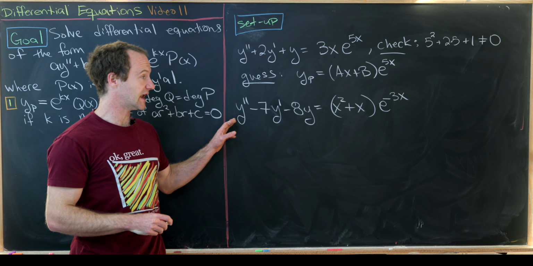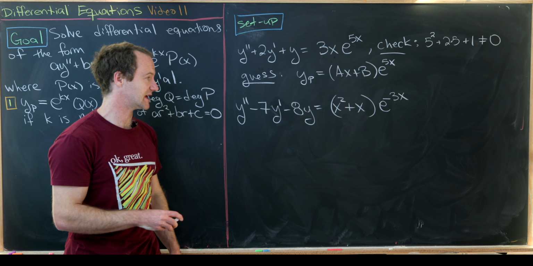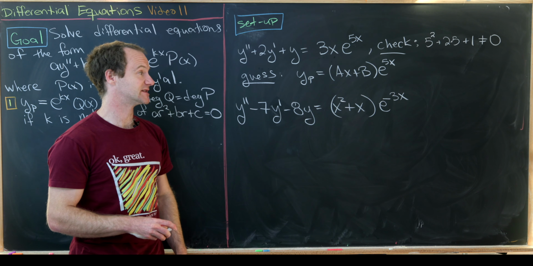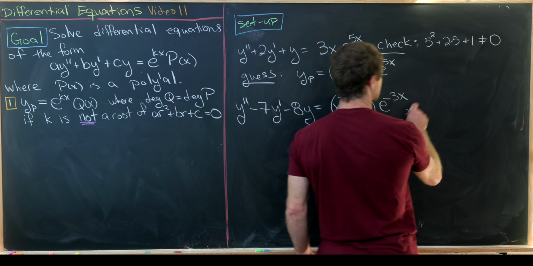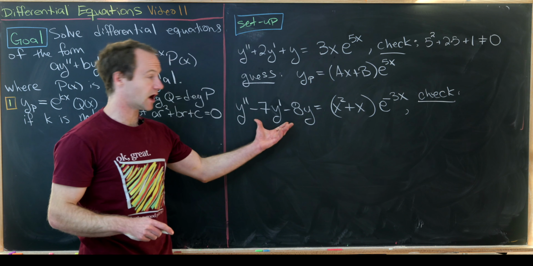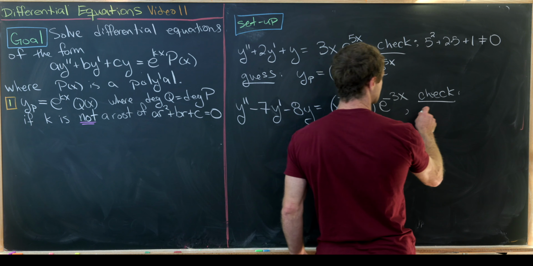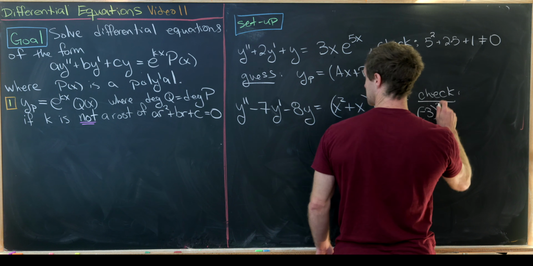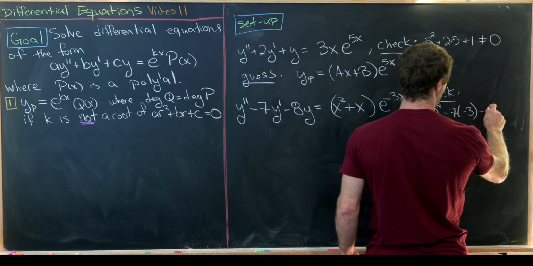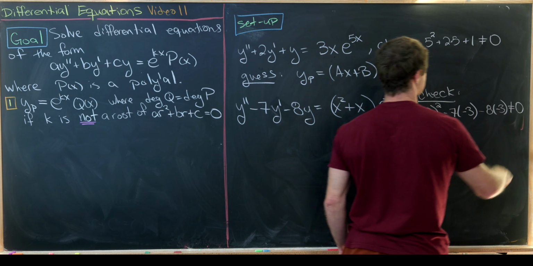Then our next example to set up is y double prime minus 7y prime minus 8y equals x squared plus x times e to the minus 3x. So again, we need to check that negative 3 is not a root of the polynomial corresponding to this differential equation. So that means we need to look at negative 3 squared minus 7 times negative 3 minus 8 and see that that is non-zero.